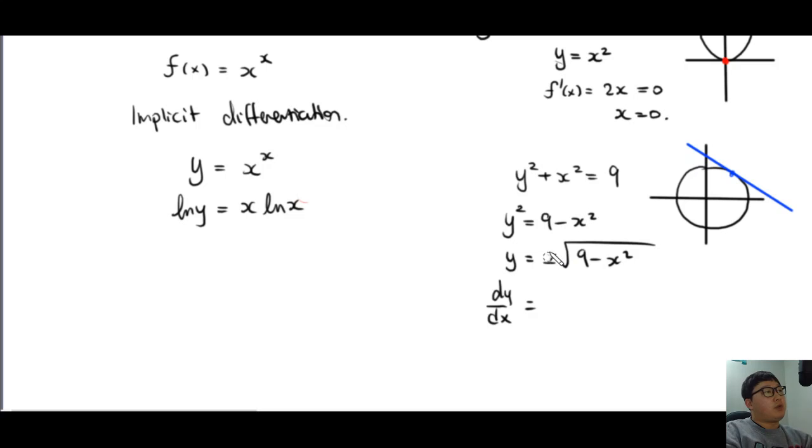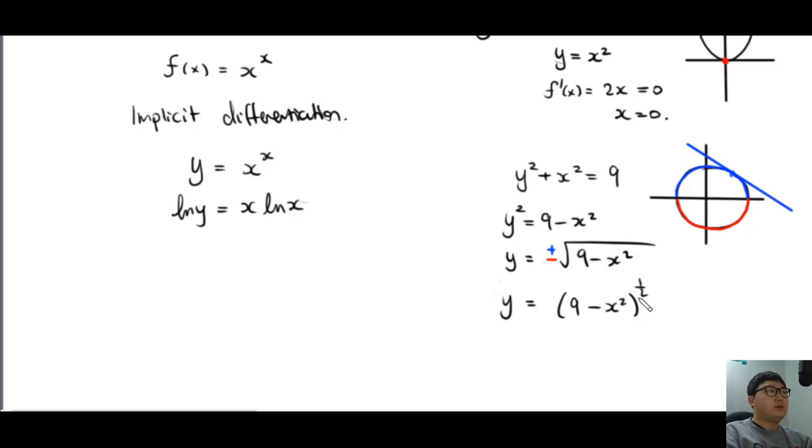Let me just take the positive value. The positive root is just the upper function over here, and the negative is the lower function. I'm just going to differentiate just the positive function, the upper function, and I'm going to write this as 9 minus x squared to the power of half.